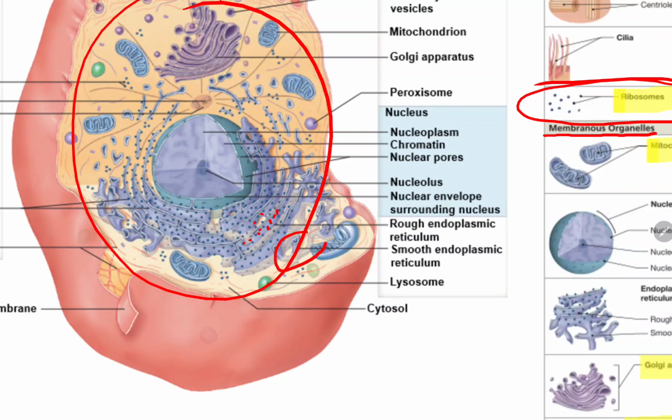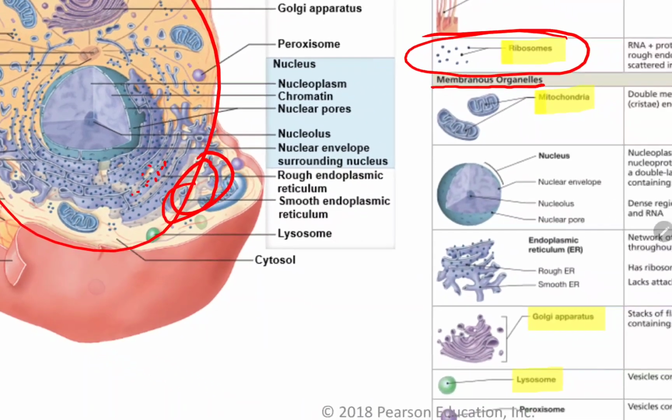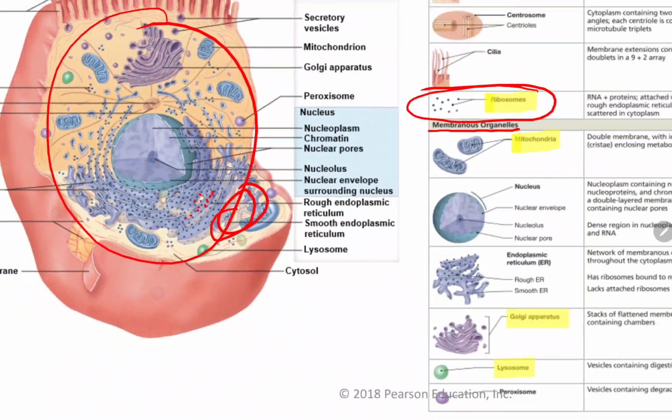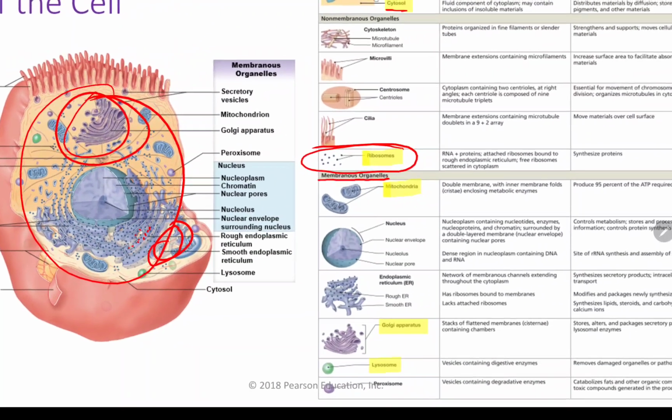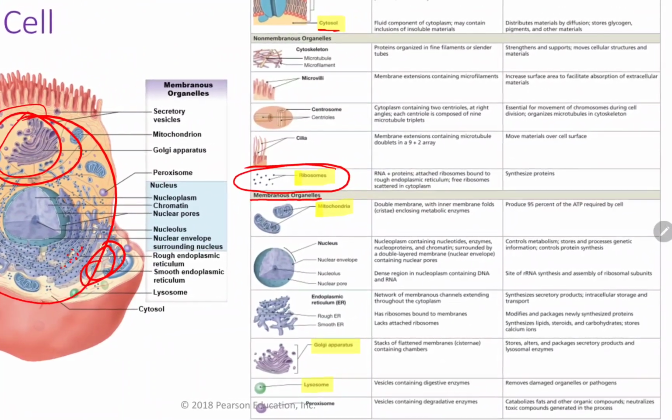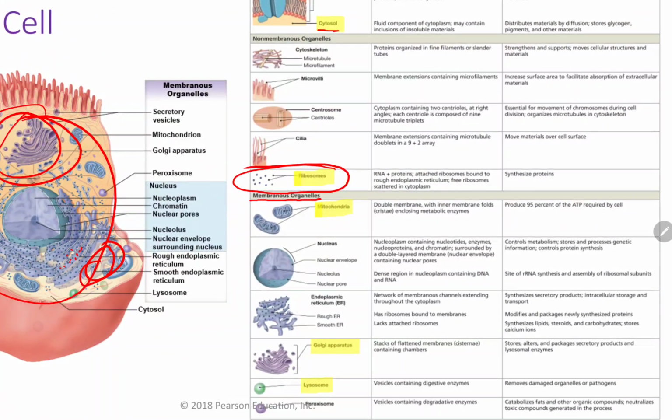This portion right here, this is the smooth endoplasmic reticulum. It does not have ribosomes on it, but it is going to be important for lipids and steroids, like how we make lipids and steroids and fats in the body, okay? We also have this structure up here, named after Mr. Golgi, the Golgi apparatus, right? This is a membranous organelle, right?